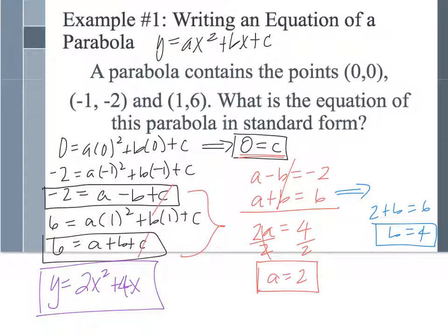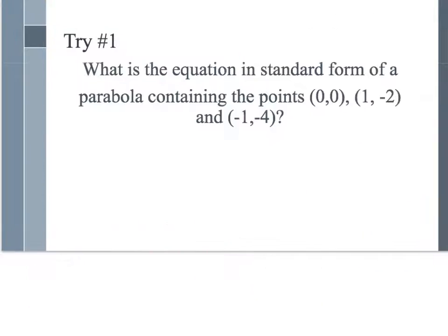Let's go ahead and do the try associated with this problem. Again, we're given 3 points, and we're asked to write the equation of that parabola in standard form. And remember, standard form is y equals ax squared plus bx plus c. Okay?